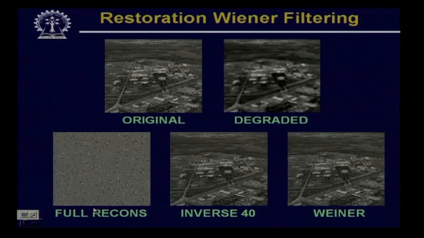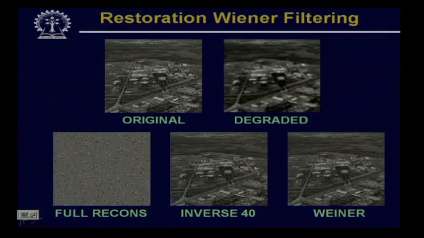So, here we have shown the image restoration of the degraded image using Wiener filter. Again, on the left hand side of the top row it is the original image, right hand side of the top row gives you the degraded image, leftmost image on the bottom row shows you the full reconstructed image using the inverse filtering, where all the frequency components are considered.